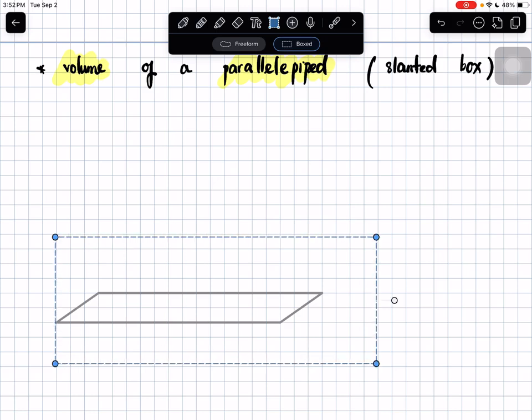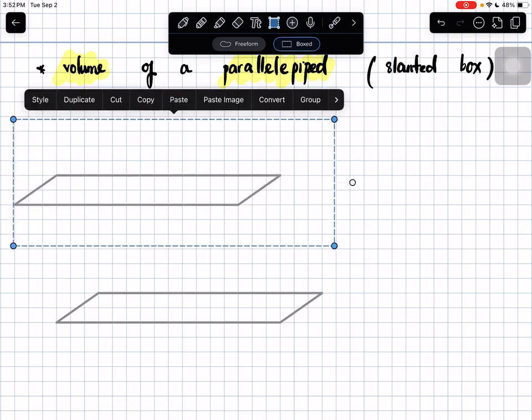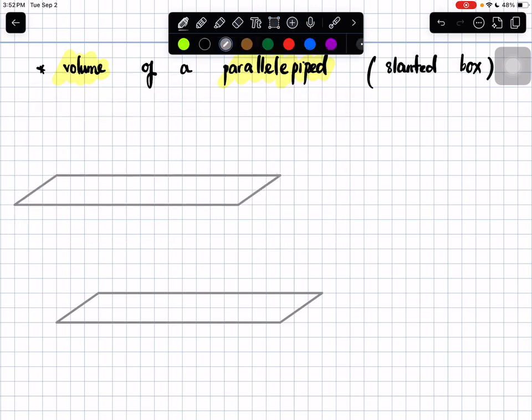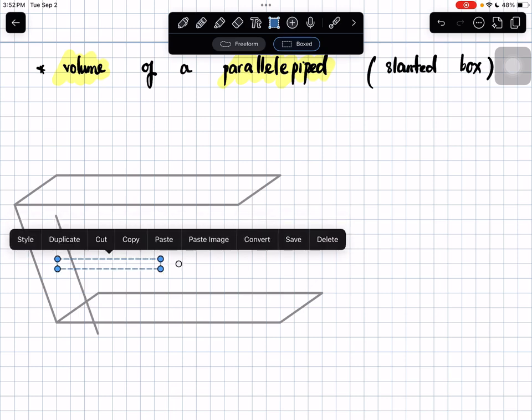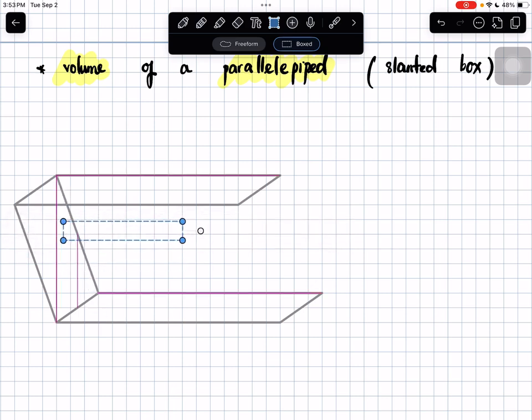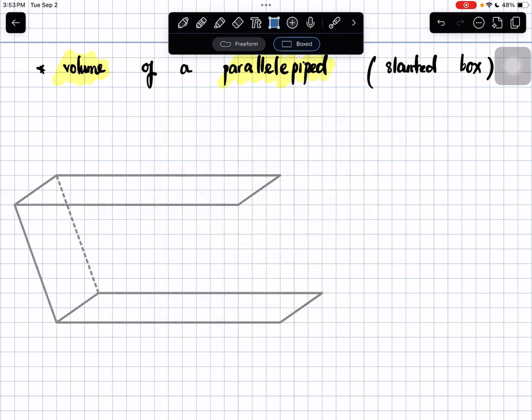And then this base, so we have it look like this. So this is our slanted box, or a parallelepiped. We need to compute the volume of this object.